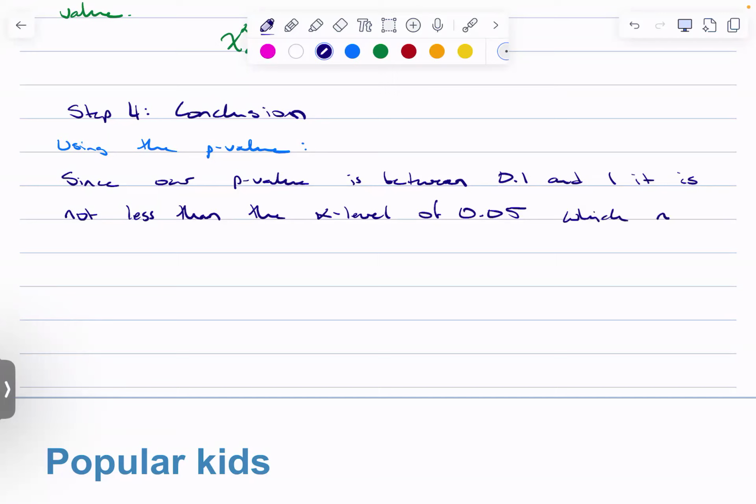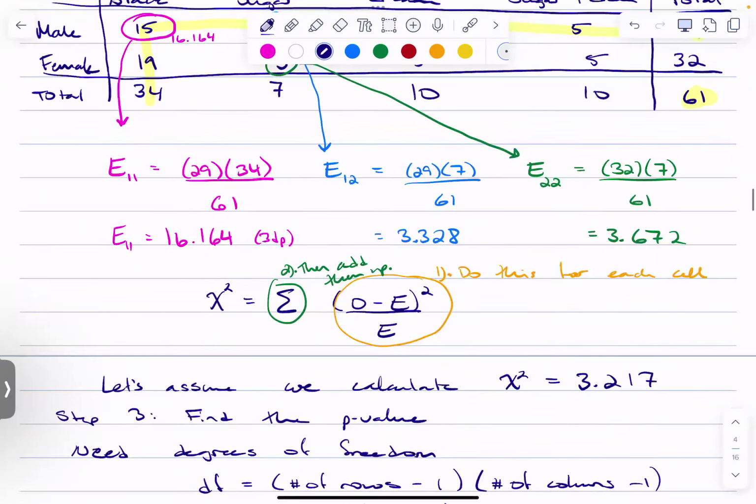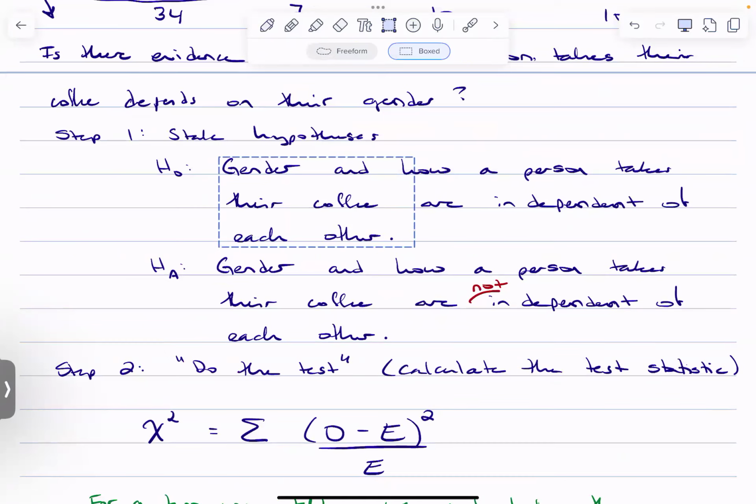Which means we do not have enough evidence to reject H naught. Therefore, and I'm just going to copy it because I'm lazy.